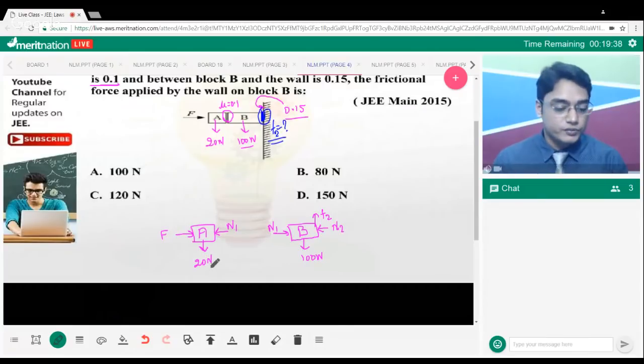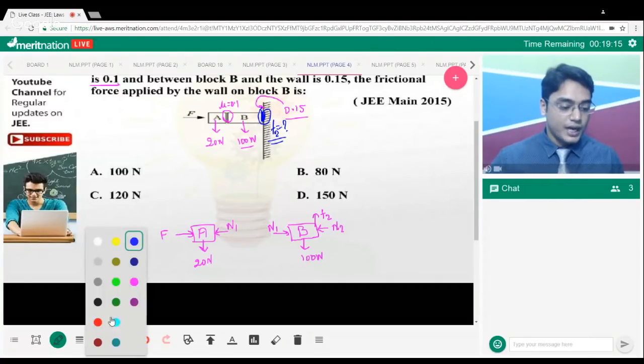In this situation, it is given that blocks A and B are both at rest. Now see the situation here. There must be one upward force whose value must be equal to 20 Newton. Only then can that force balance block A. This means on block A there is a friction force acting in the upward direction.